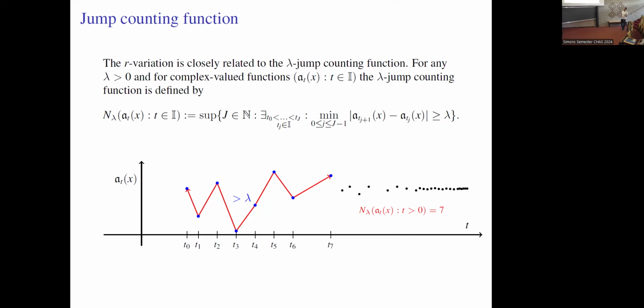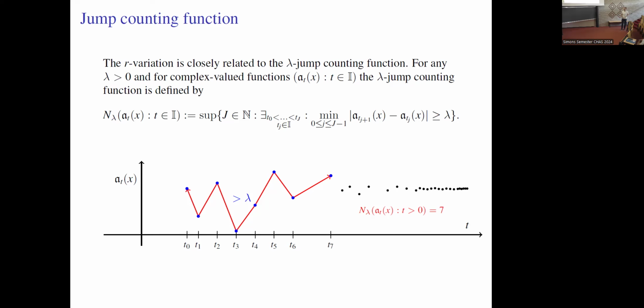However, in practice, if you have a particular sequence A, then it's not so easy to compute this number j, because sometimes it's not optimal, and at first it's not clear what are the optimal choices of points, because we need to have consecutive jumps. Okay, so sometimes it's better to take the point earlier to make more jumps later on.